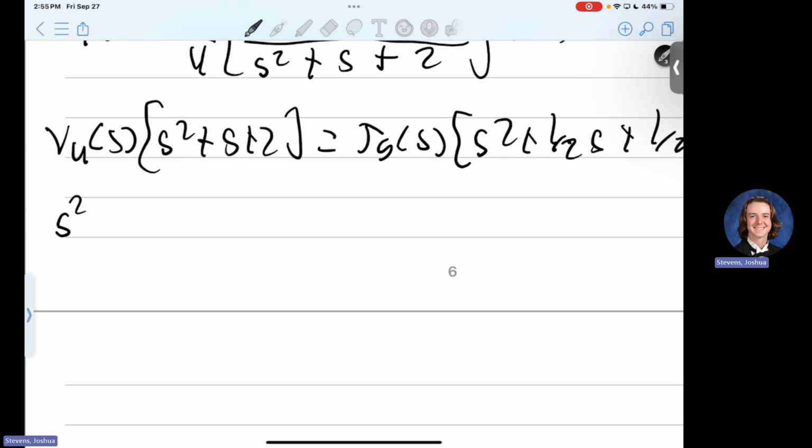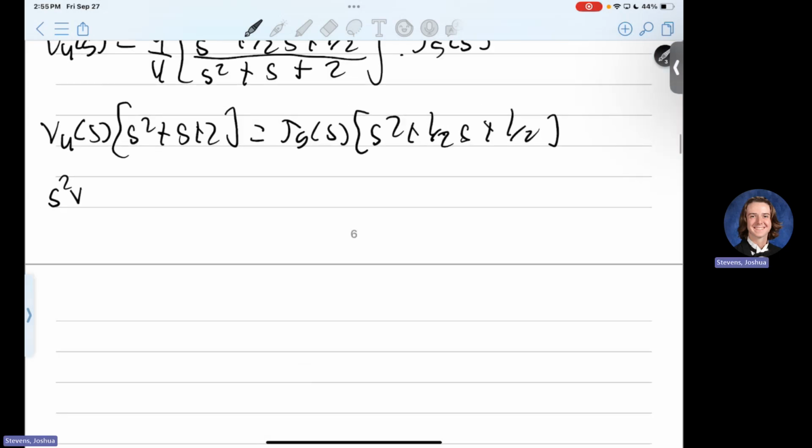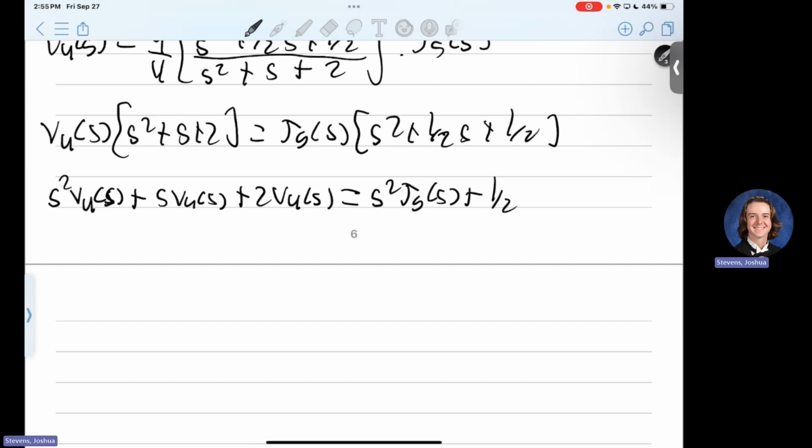So I have S squared V4 of S plus S V4 of S plus 2 V4 of S. You agree on the left side? All right, next one: S squared JG of S plus 1/2 S JG of S plus 1/2 JG of S. We agree?